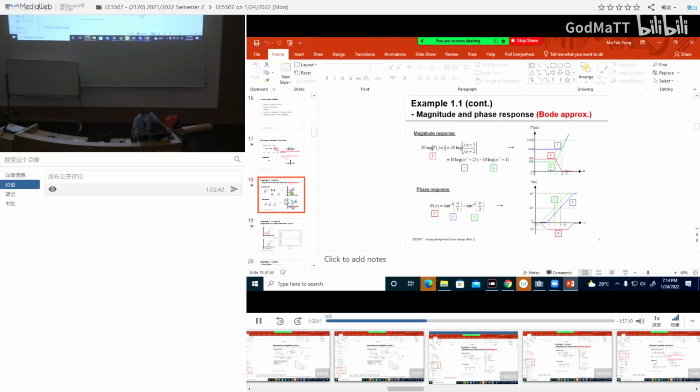2 is the pole, yeah, 2 is the pole. He's plotting it like this, and when you subtract, it will come down.